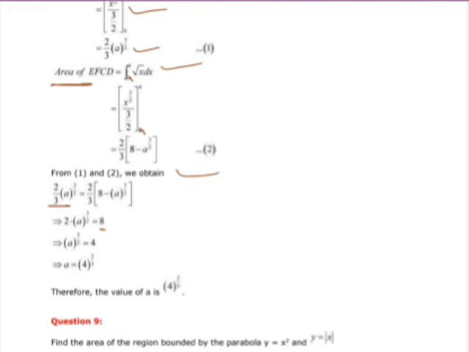Right? The simple calculation is there, don't get confused. 2 by 3 a to the power of 3 by 2 is equal to 2 by 3 into 8 minus a to the power of 3 by 2. 2 by 3 is common for both the terms. So in the LHS, if we cancel both 2 by 3, a to the power of 3 by 2 is equal to 8 minus a to the power of 3 by 2 remains.